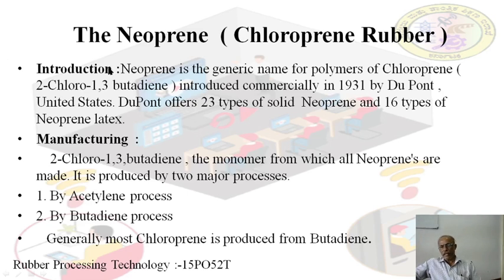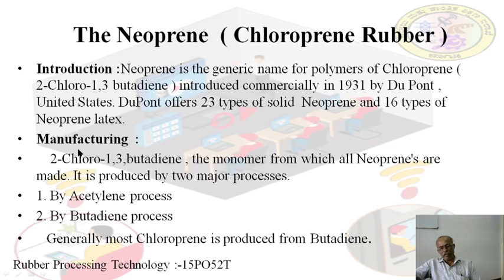Introduced commercially in 1931 by DuPont, United States. DuPont offers a total of 23 types of solid neoprene and 16 types of neoprene latex.